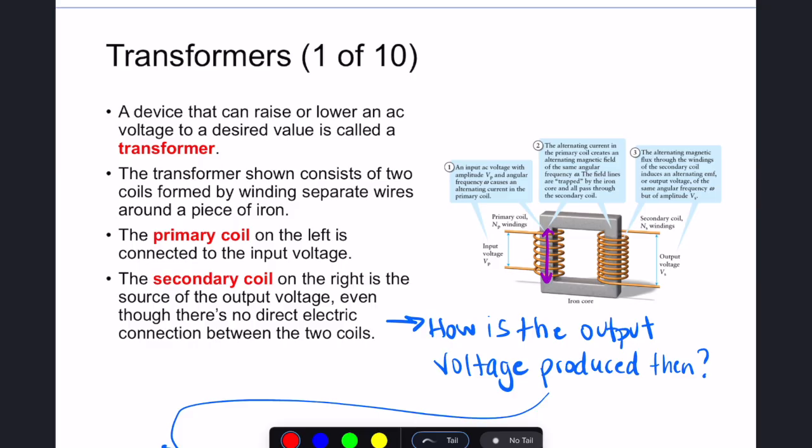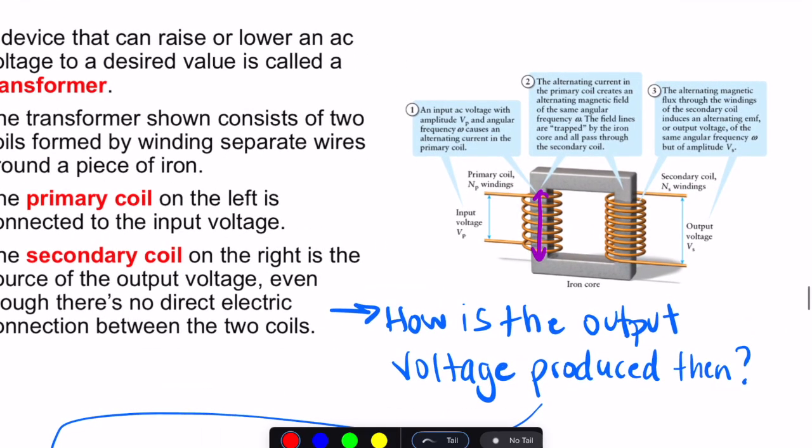A transformer is a device that can raise or lower an AC voltage to a desired value. And here's a transformer right here. Now here's the answer to the question of why those bricks are called bricks: because they're very heavy. What is the heavy part? The heavy part is this iron core that makes up most of the transformer.